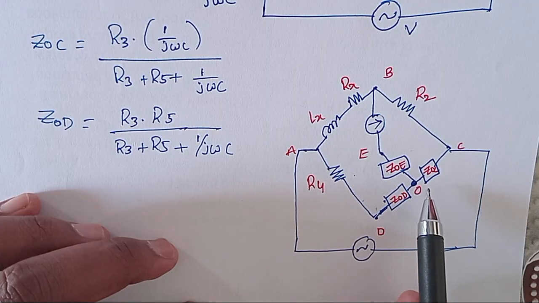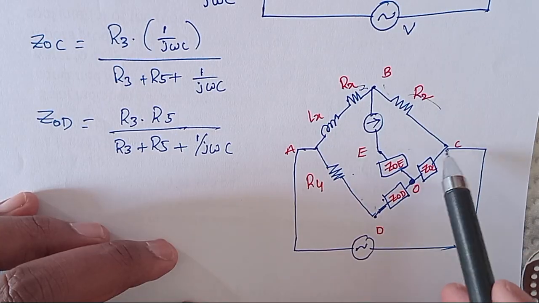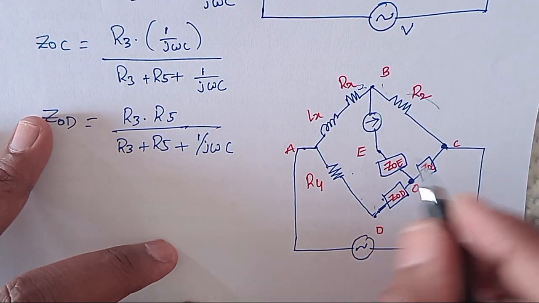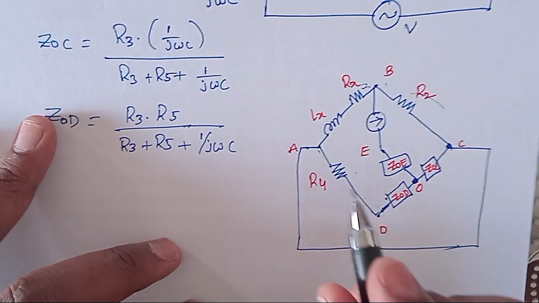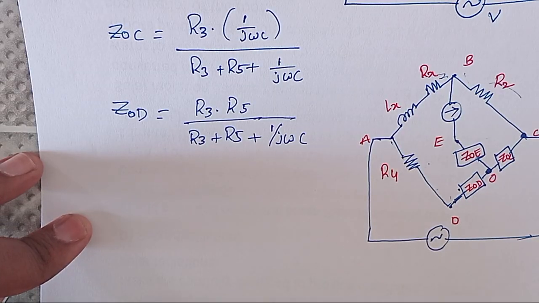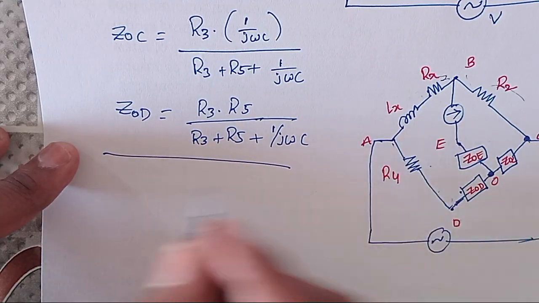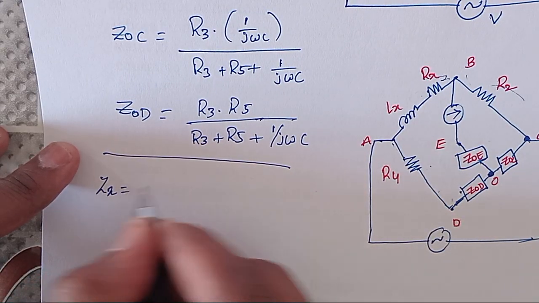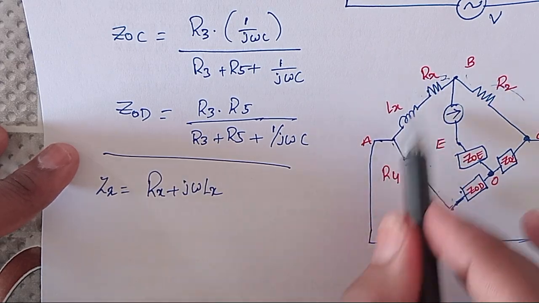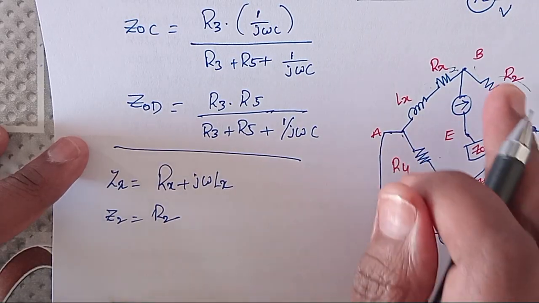Now when we see this, let us assume the first arm, second arm, third arm, and the fourth arm. From these four arms, I am writing the first arm Zx equal to Rx plus j omega Lx, because these two are in series, and Z2 equal to R2.